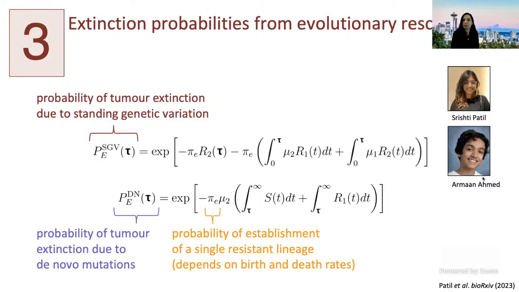So R2 here is the number of cells resistant to the second treatment. R1 is resistant to the first treatment. And the pi here is the probability of establishment. So this is the probability of them surviving. Right.